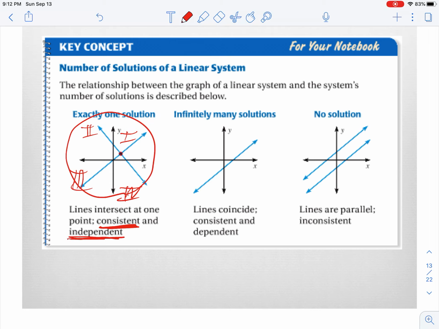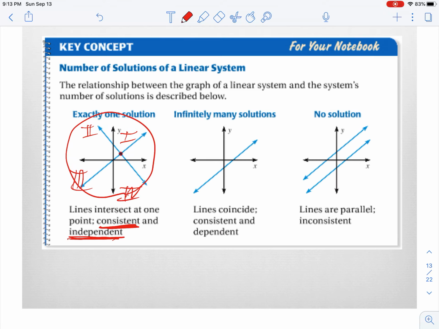And each line is independent in that they aren't the same line. If they are the same line, then those are considered dependent lines. They just look a little bit different, but their true identity is the same line. So the first type of solution is where they intersect, and they're consistent and independent.